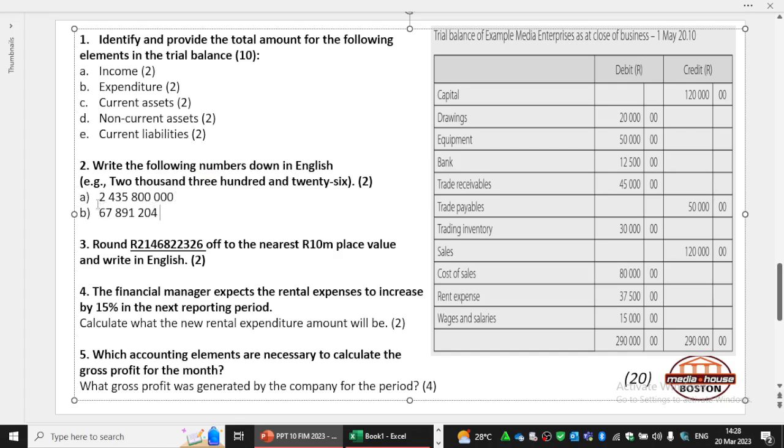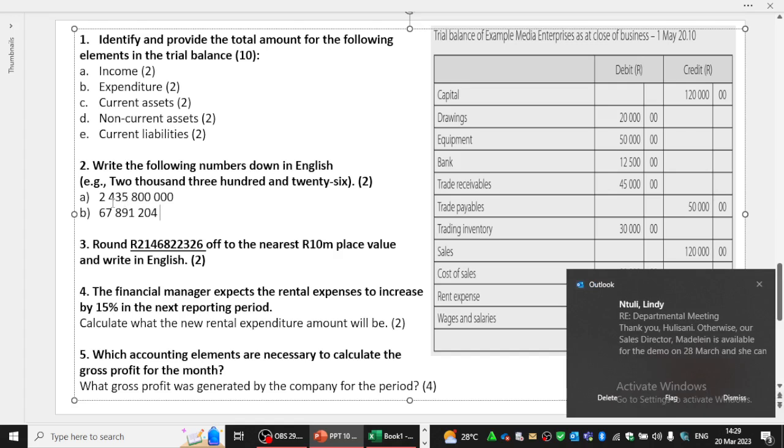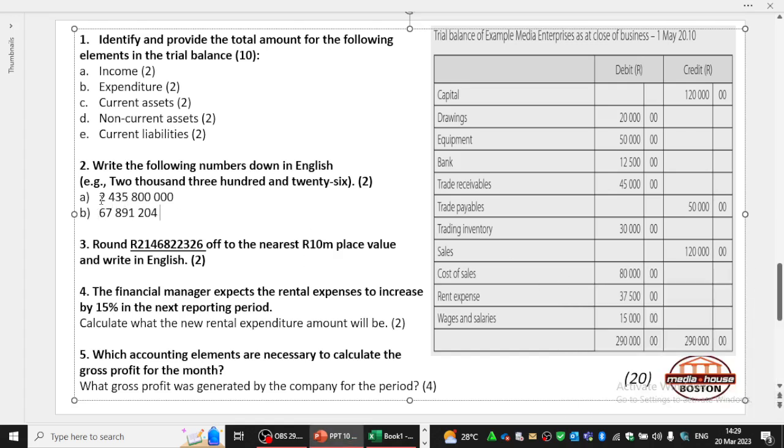We already identified that it's in billions. So this will be 2,435,000,000 and 800,000.